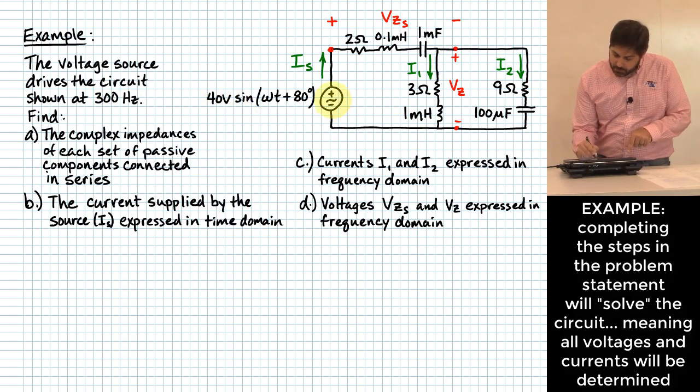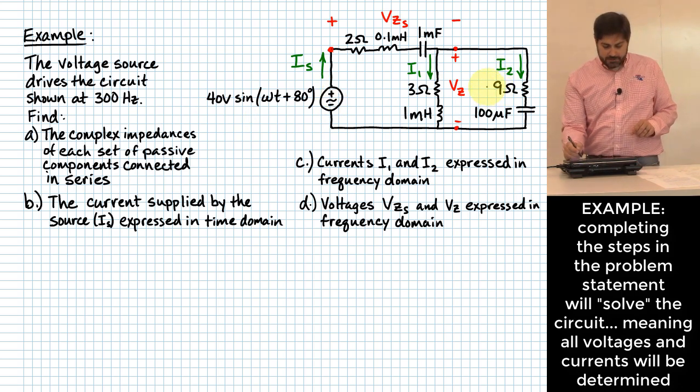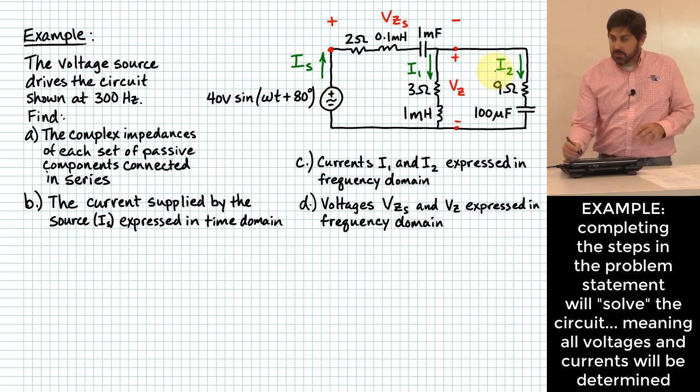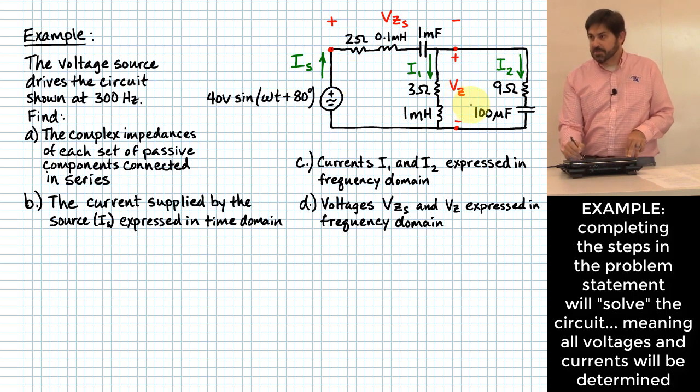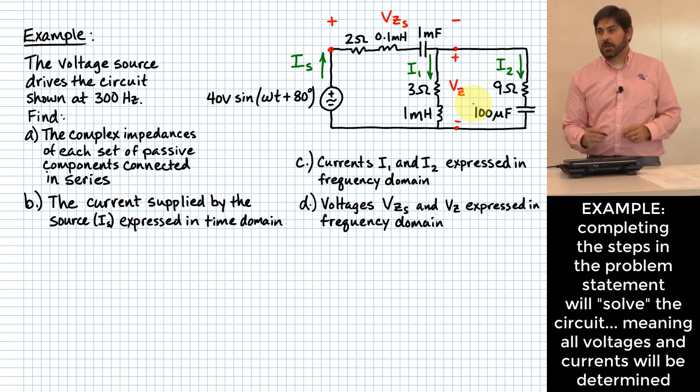Then this voltage source drives a bunch of circuit components over here in this little circuit. Okay, and we are asked to basically perform several steps here. And as we perform these steps, we're going to hopefully end up with a better understanding of how voltages are applied across the different circuit elements that are in this circuit, as well as how currents are going to be flowing through the different circuit elements in this circuit.